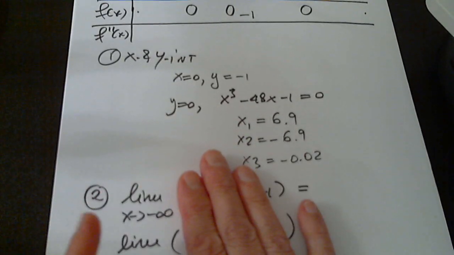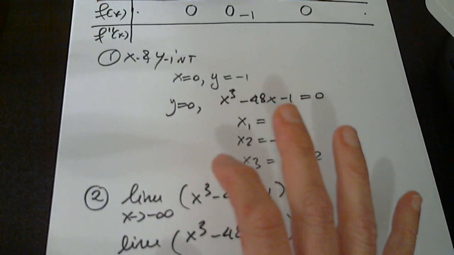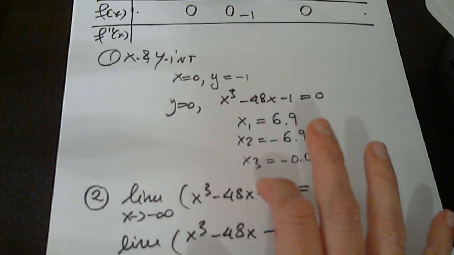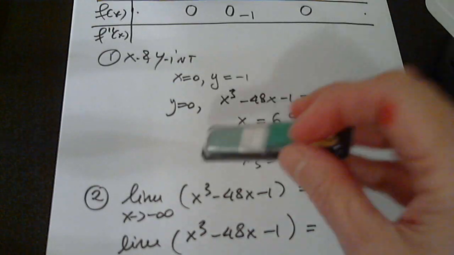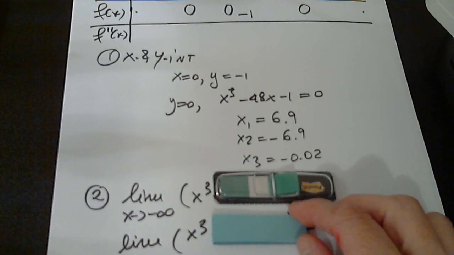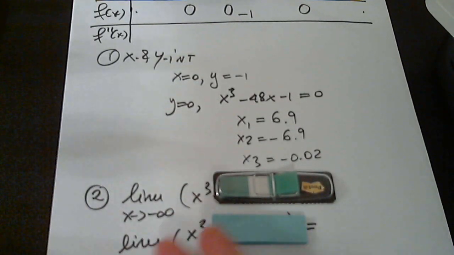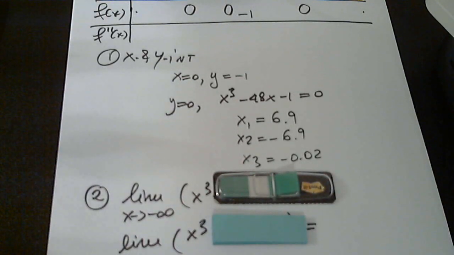But when it comes to infinities, I'm going to ask you, which of these three terms is the most powerful? The x cubed. Of course. So in other words, this piece is so small that it doesn't matter. So please plug in negative infinity and then plug in infinity and tell me what I should write.